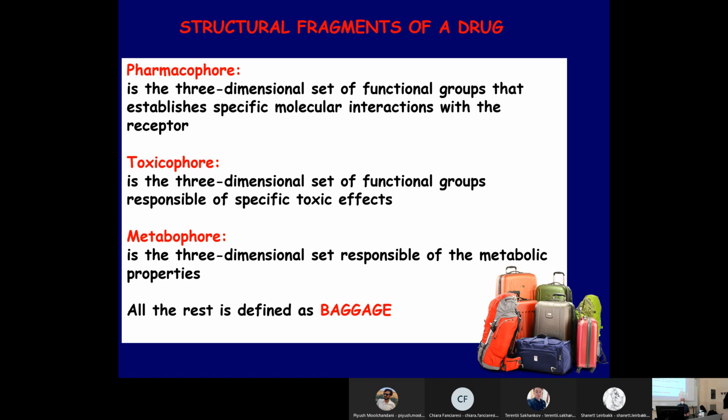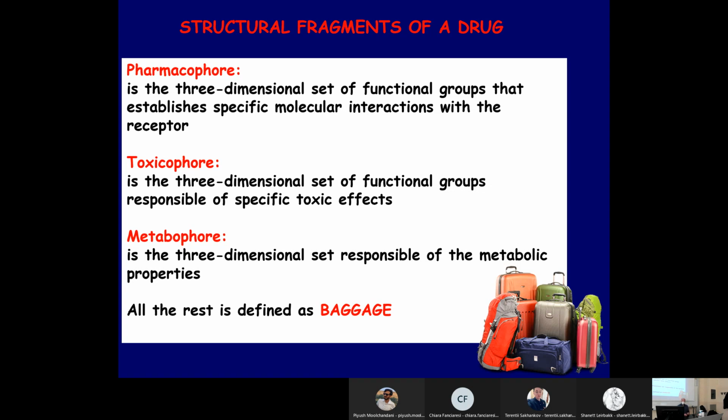And finally, there is the third part of a molecule called the metabophore, is the three-dimensional set responsible of the metabolic properties. So, in this case, if we want to prolong the activity of a specific molecule, we can try to modify the metabophore in order to increase the resistance of the molecule to the activity of particular enzymes and so on.